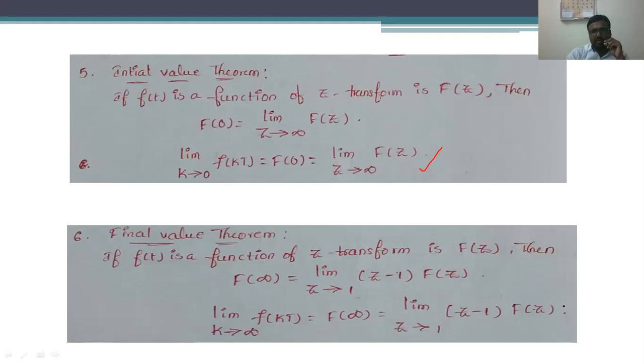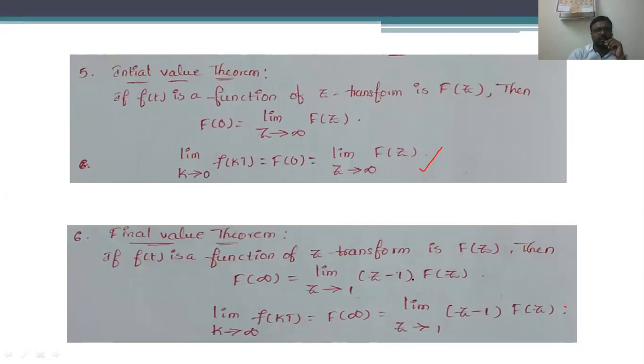While discussing the final value theorem, if f of t is a function with z transform F of z, then f of infinity is equal to limit z tends to 1 of z minus 1 into F of z. That means F of z has to be multiplied with z minus 1 and the whole value is going to be substituted with 1. Here, in the initial value theorem, just in F of z, we have to substitute z equal to infinity.